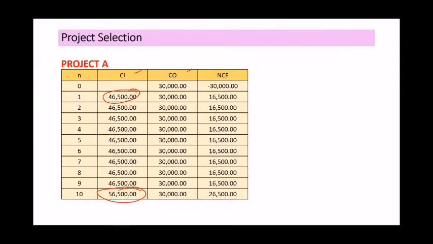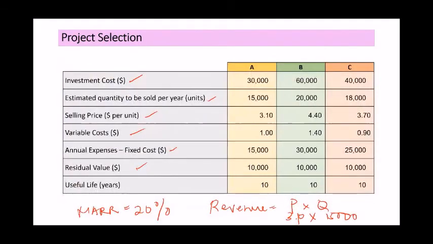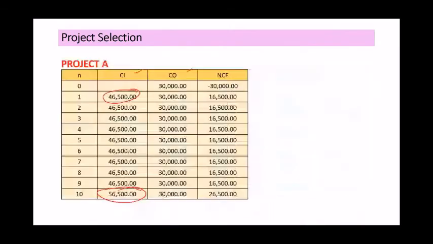How about for our cash out? Okay, remember, take note that we have 2 costs here. One is fixed cost, 15,000. That means for all the years, we have 15,000. But we have also variable cost. If the quantity is 15,000 and the variable cost per unit is 1, therefore that is 15,000 plus 15,000.